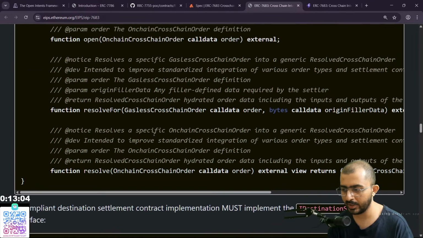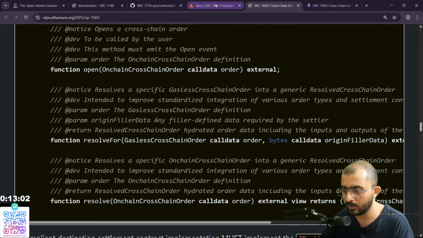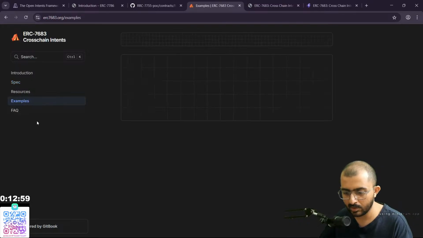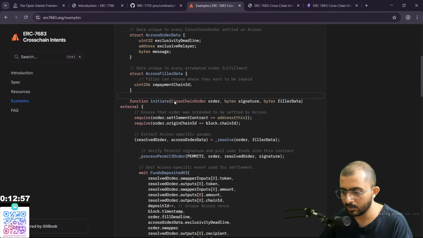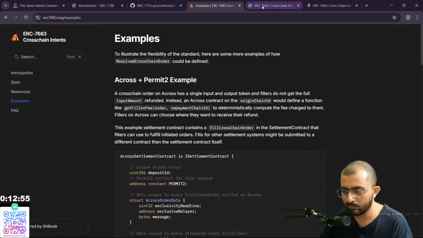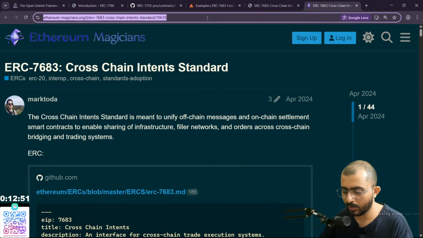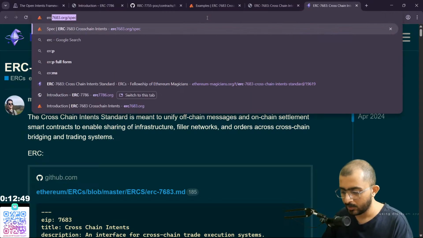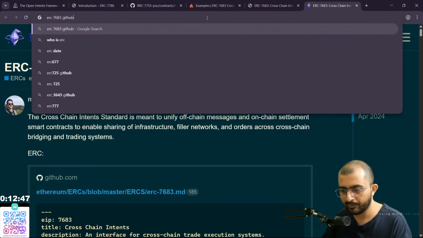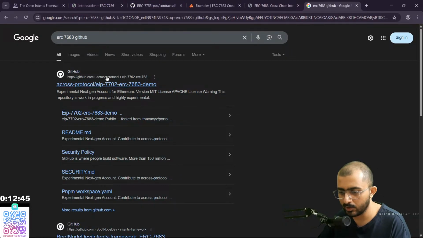We'll go through a demo. They should have a demo, right? Examples are there. Is there a GitHub or something? ERC-7683 GitHub. I want to see that.